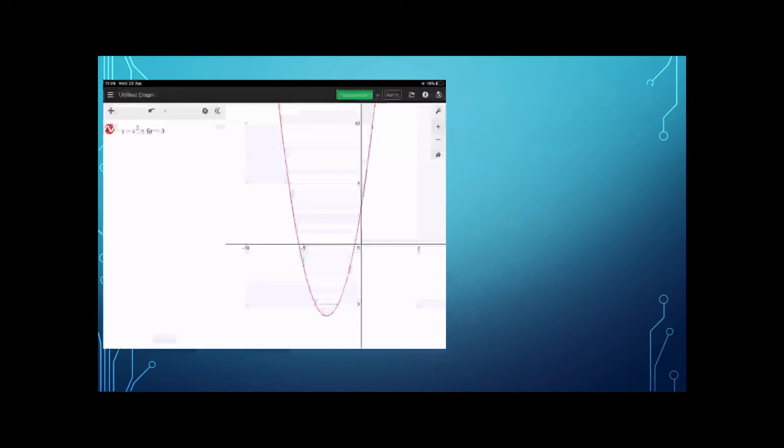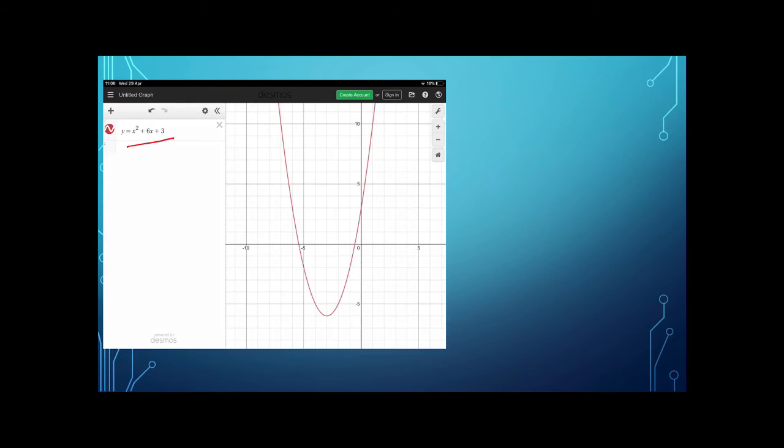Okay, and here we have the curve. So this is our curve. This is what we've been working with. And we see that it's a U-shaped curve. That's because x squared is positive. And it has a place where it turns, and at that place there, dy dx is equal to 0.